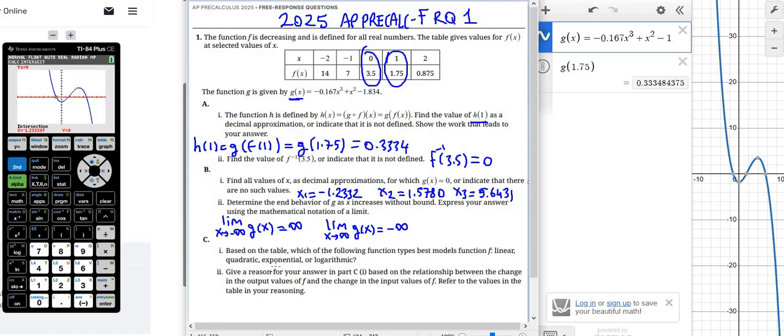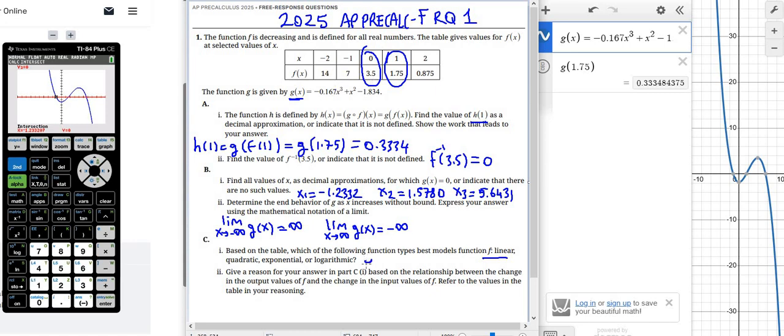Part C is asking how we could model this function f. The f function is given in the table. As we can see, the x input values are increasing in equal intervals, linearly. Output values are decreasing exponentially, decaying 50% each time, as you realize that each next output is half of the previous one.